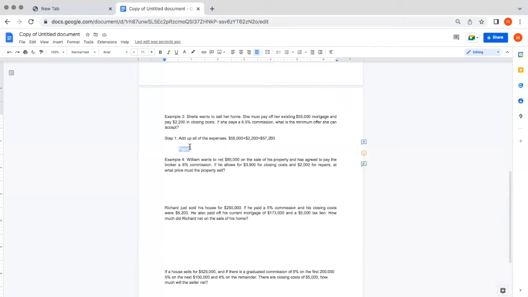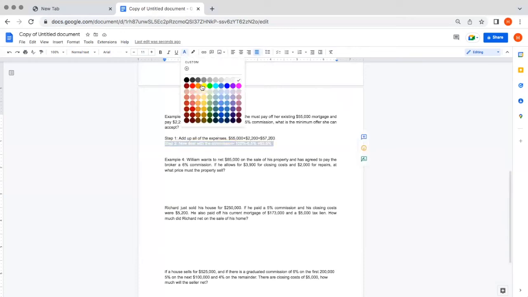So step 2 is to calculate the commission. Now deal with the commission. We know everything is 100%. So if we are taking 100% minus 6.5% as its commission, then we know this number, 57,200, is 93.5% of the number that we need to know with the commission added in.